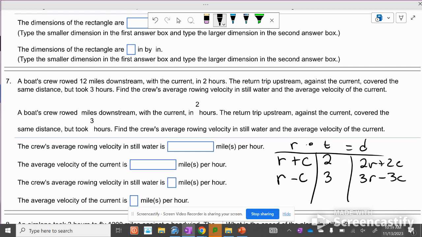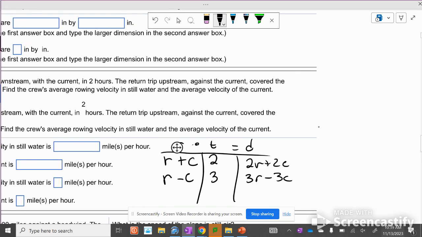They are the same. The distance upstream and downstream would be the same. So what do you do with these two? Since they're both equal to the distance, you set them equal to each other. Okay, so subtract r from each side.